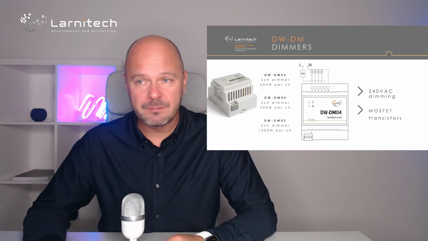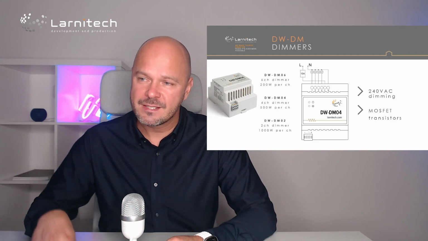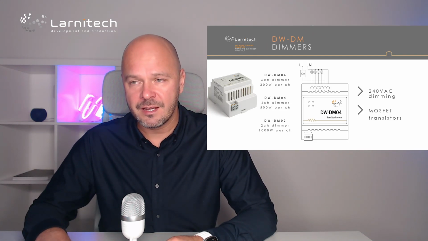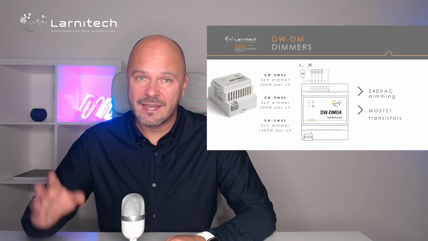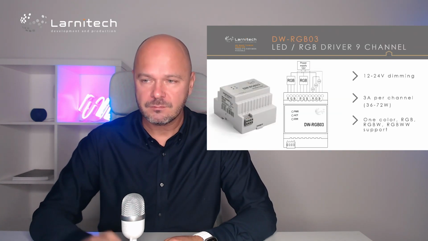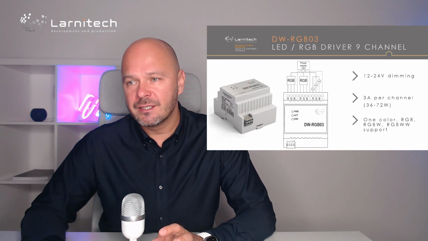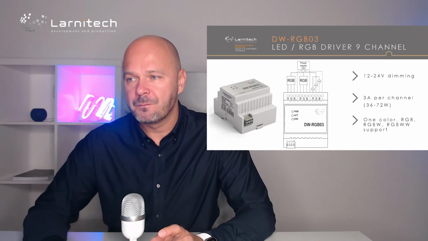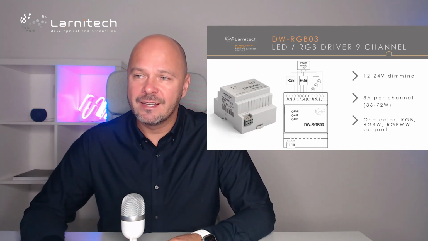But sometimes, no matter what settings you try, some types of lights which are even dimmable are not compatible with any dimmers which you have on the market. So you should try and test before. This one is maybe a little bit more modern way to dim lights. This one is the LED driver.